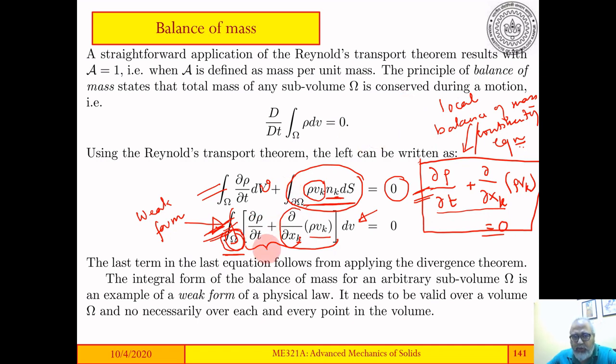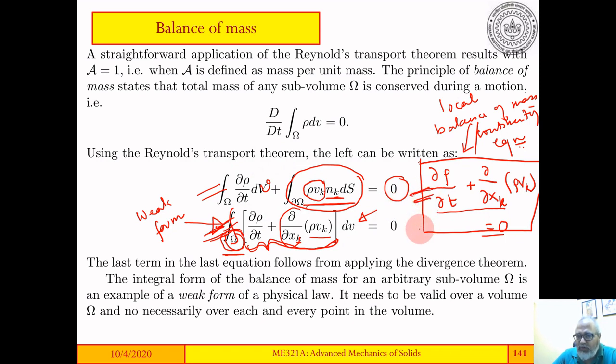So there is no compulsion on this to have this quantity be 0 at each and every point. It can be positive at some point, negative at some point, cancel out. All you want is, in a weak sense, over the whole volume omega, it should be equal to 0. So you are asking less from this equation than you are asking from this.